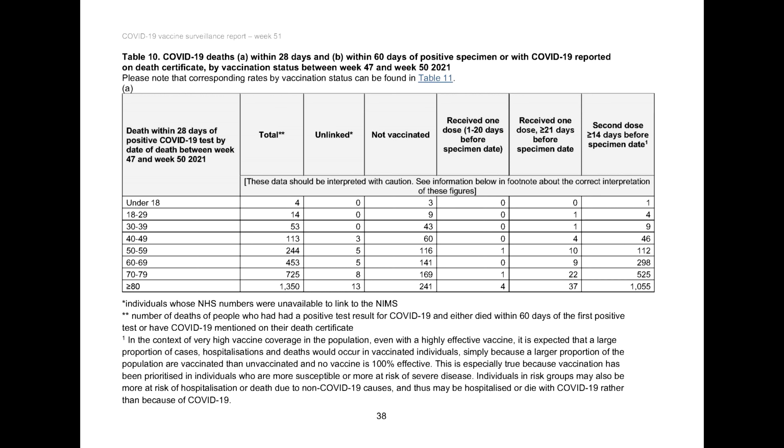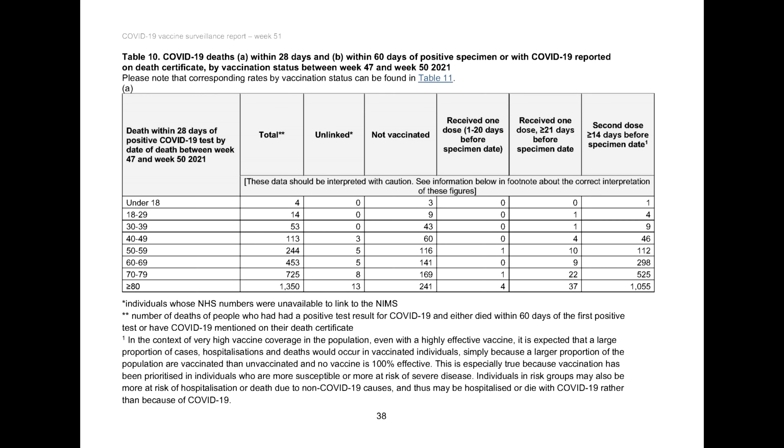So under 18, non-vaccinated 3, vaccinated 1. 18 to 29, non-vaccinated 9, vaccinated 4. 30 to 39, 43 non-vaccinated, 9 vaccinated deaths. 40 to 49, non-vaccinated 60, 46 for second dose.